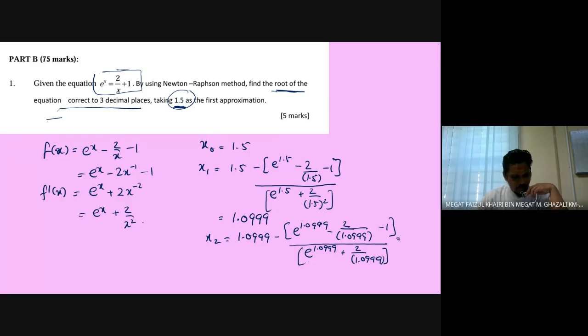So then x2 equals 1.0600. Okay, find the root of the equation, correct to 3 decimal places.